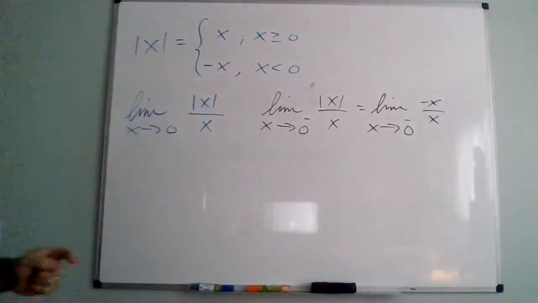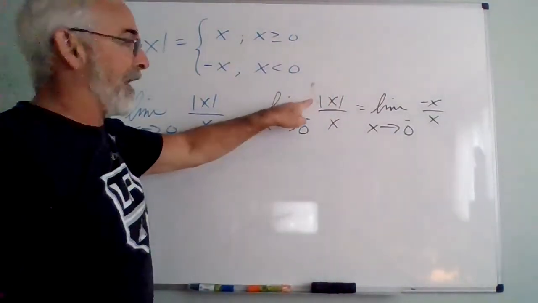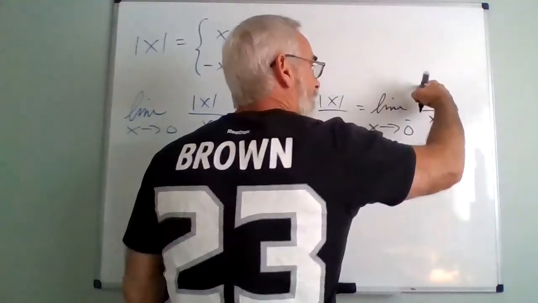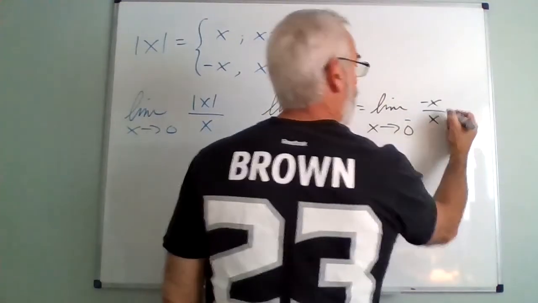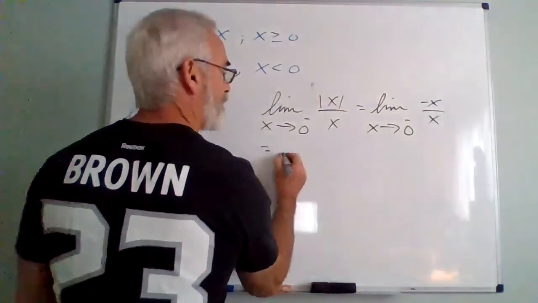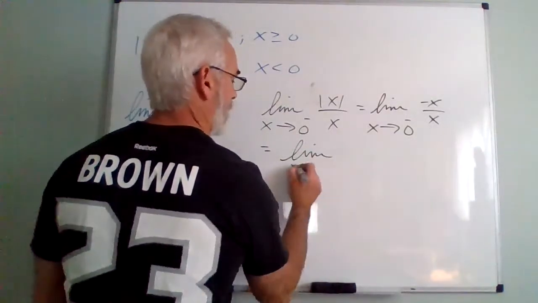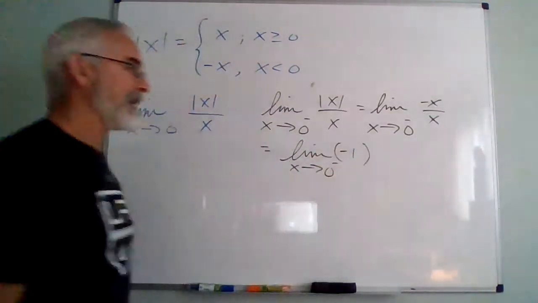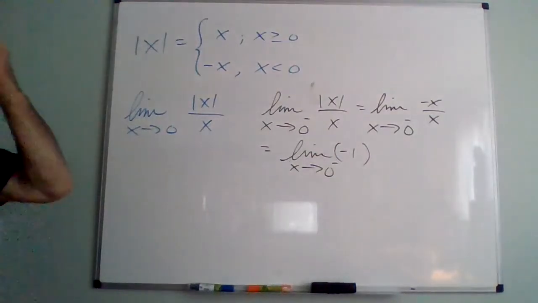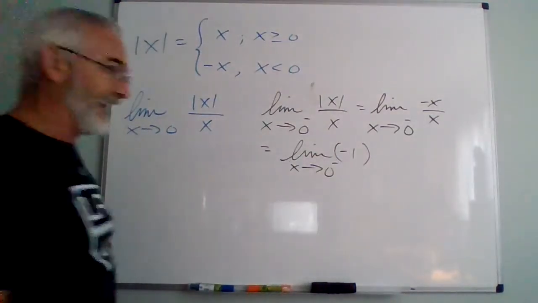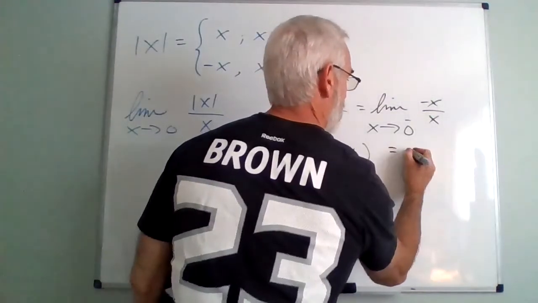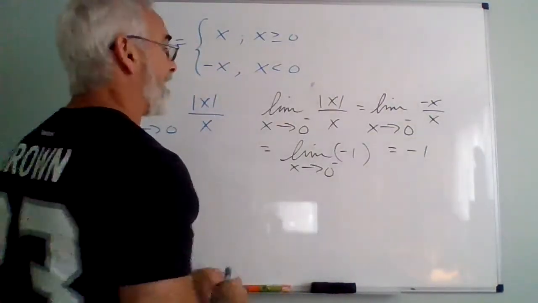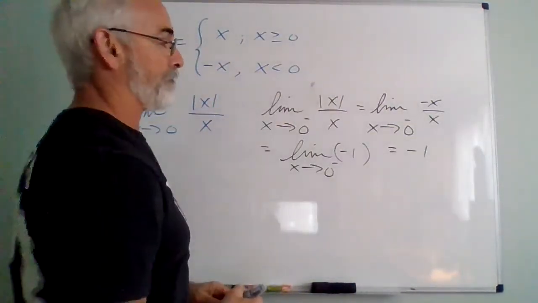You see, you cannot evaluate while the absolute value is there because I can't do any type of algebra. But -x over x, this is still an indeterminate form, but those cancel. And that would leave me with the limit of -1. And we know that the limit of a constant is a constant. So that limit is, in fact, -1. So the limit from the left is equal to -1.